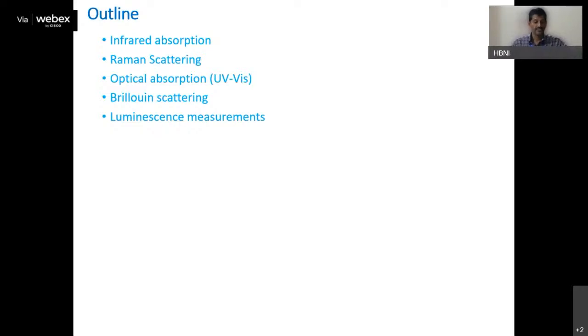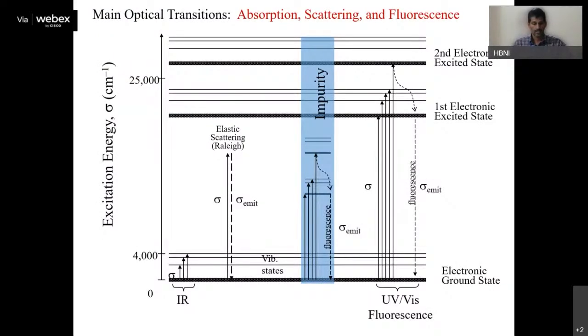As I already mentioned, first we will start with the infrared absorption, then we will cover Raman scattering, optical absorption, and Brillouin scattering. So let's start with the main optical transitions in a system. When we have, let's say, an isolated molecule, particularly a set of atoms, there are several energy levels as you go up in energy.